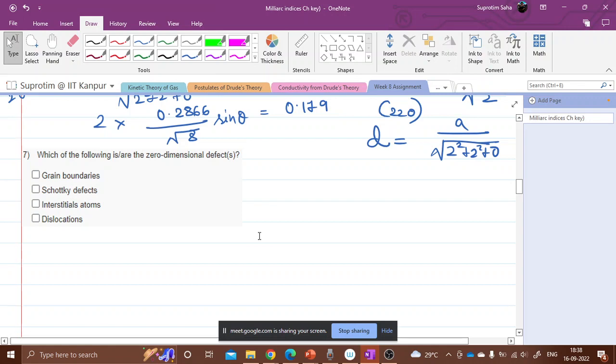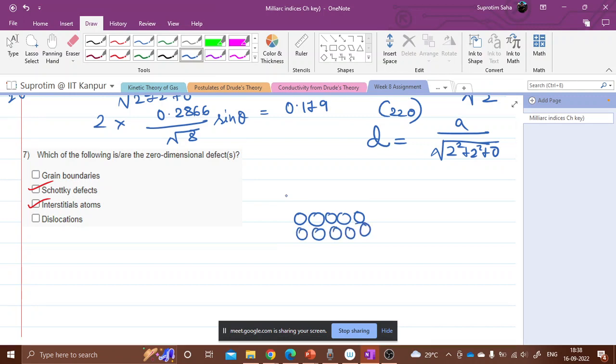Which of the following are zero dimensional defects? That would be your Schottky defects, which are basically anion and cation vacancies, and interstitial atoms. Interstitial means if this is an ordered arrangement of atoms, your interstitials would be like this.